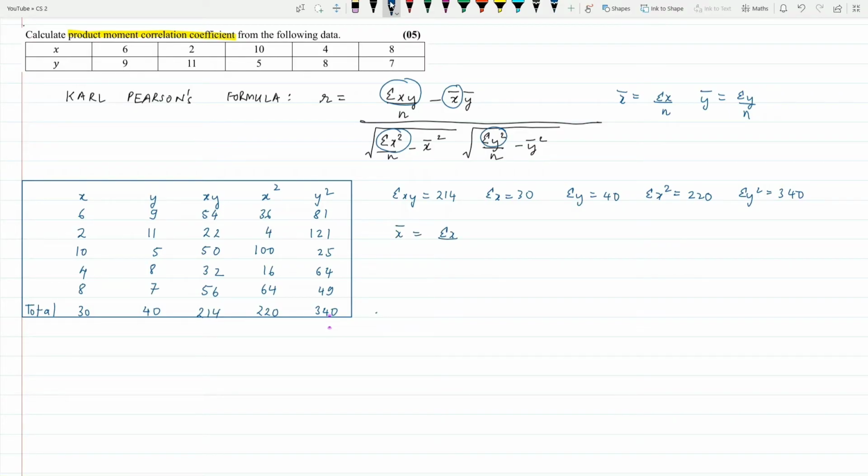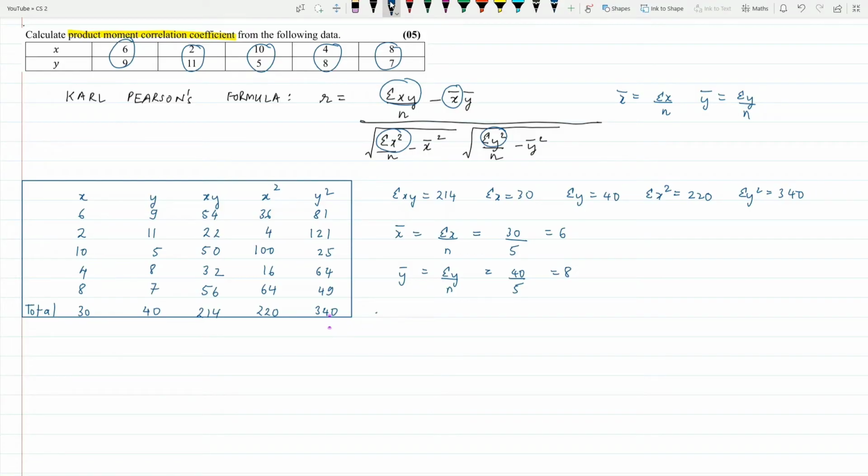So x bar is given as sigma x upon n and sigma x is 30. Now n is the number of bivariate data which is provided to us. So we have 1, 2, 3, 4 and 5 pairs of observations. So n is 5. So this is going to be 6. Y bar is sigma y upon n, that's 40 upon 5, which is 8.